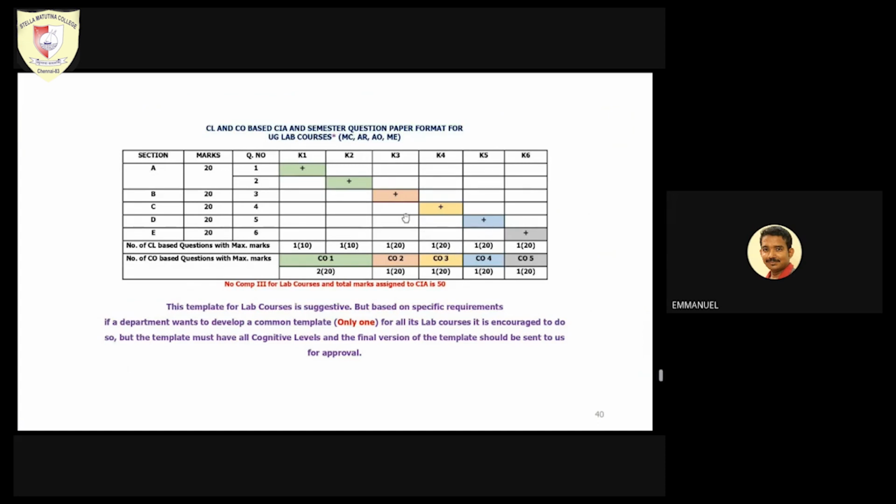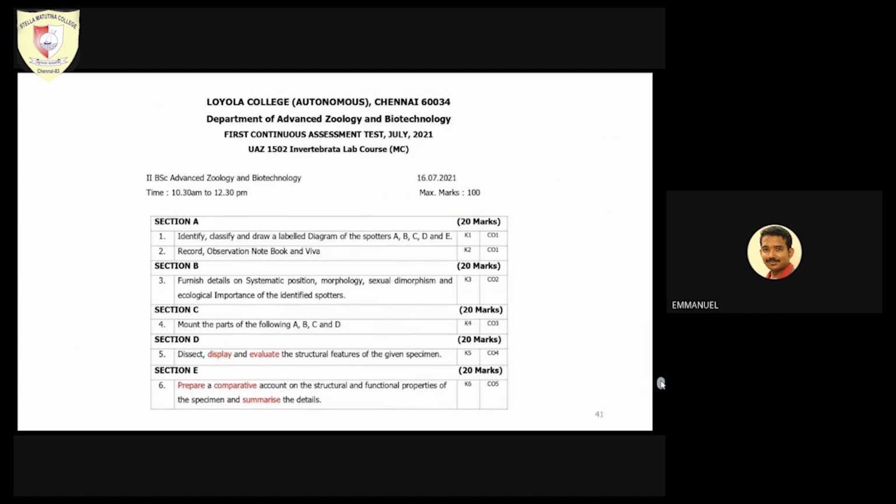This is a format suggested for lab courses. We have plenty of science papers. For lab courses, they have given a suggestion. Accordingly, they have given a sample question paper here.